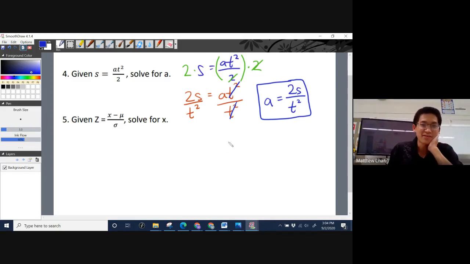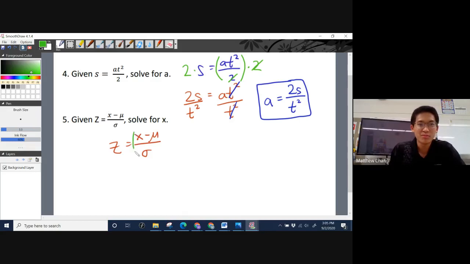Next, number 5. Given z equals x minus mu divided by sigma, we want to solve for x. Some of you who take probability and statistics might see this type of formula in the future.